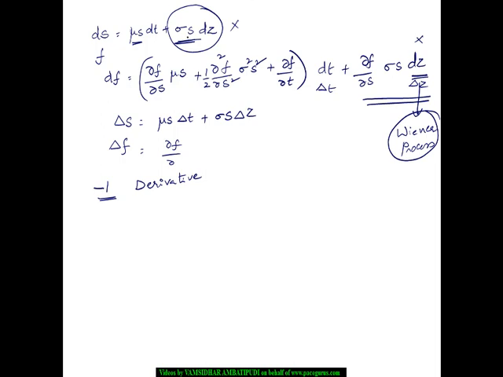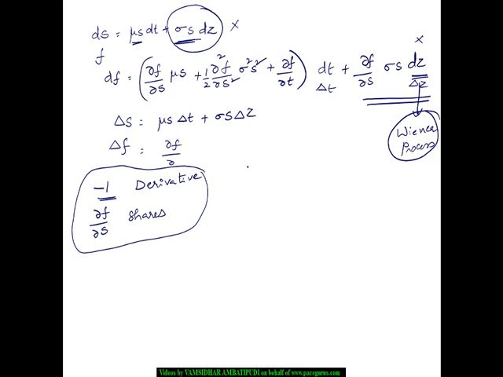Now by the same logic, I want the plus dou F by dou S sigma S dz, which means I'll go with dou F by dou S number of shares. If I'm going with dou F by dou S number of shares, obviously the positive change is dou F by dou S sigma S dz. So this together is the portfolio that I am creating.